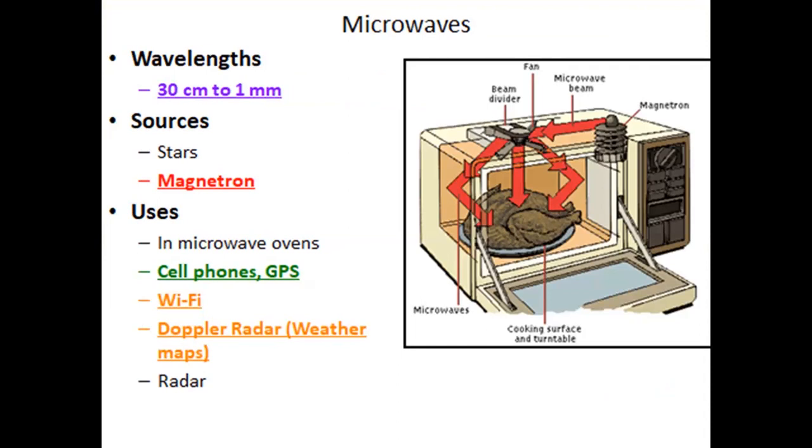And where do we use this? It is used in radar systems for aircraft navigation. It is used to find the speed of a vehicle, and of course it is used in cooking processes like microwave ovens, and is also used for very long distance wireless communications through satellites.